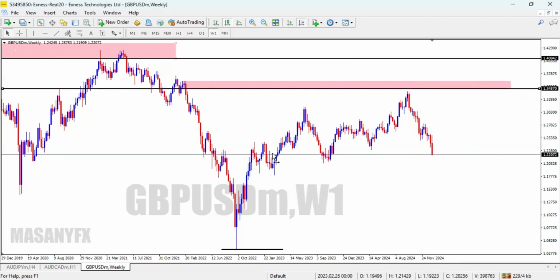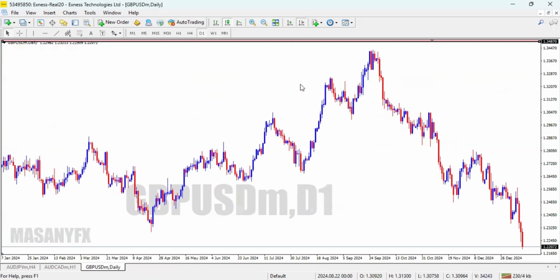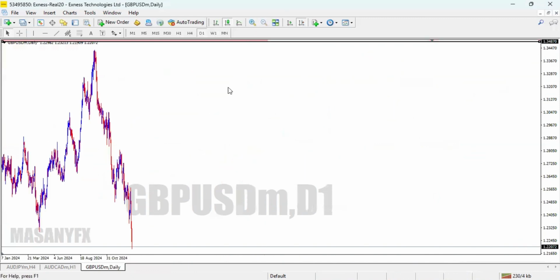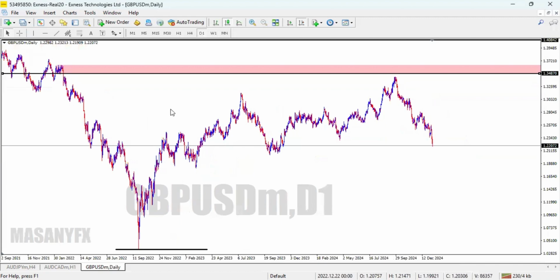So GBP USD must look for buying opportunities to this zone. Let me go to a smaller time frame. Because we know that we need to come back to this zone, and this one will be our diamond QMA, we must look for buying opportunities.